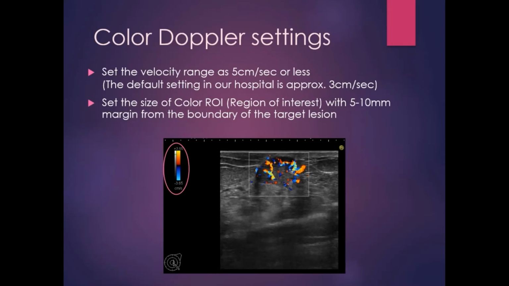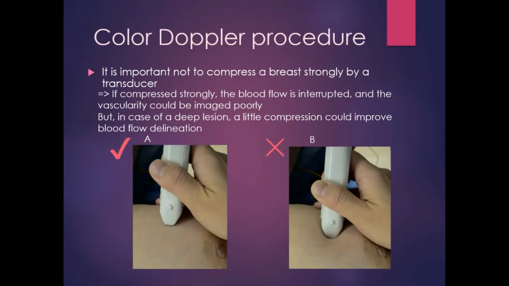At that time, set the size of ROI with 5 to 10 mm margin from the boundary of the target region. When performing Color Doppler, it is important not to compress the breast strongly by a transducer, different from B-mode examinations.